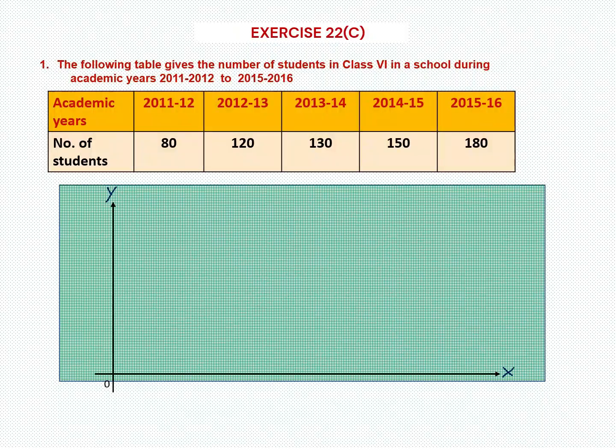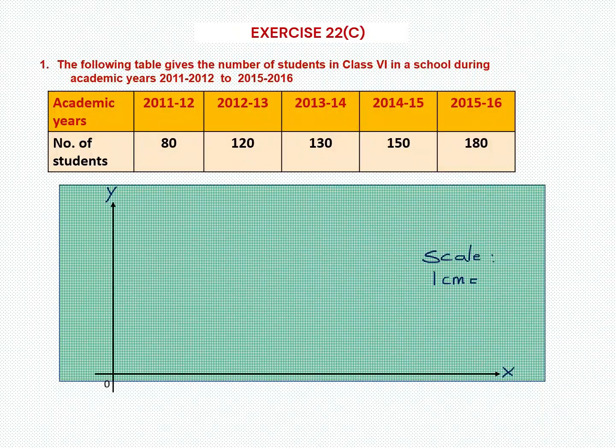Scale means how are we going to put the numbers there? Now let me write it here. Scale will be 1 centimeter on the y-axis. What are we going to show there? 1 centimeter, how much of the second value are we going to represent? That means how many students are we going to show?